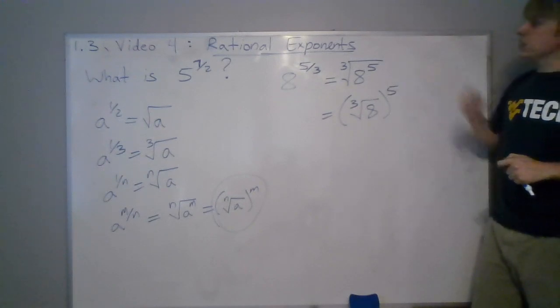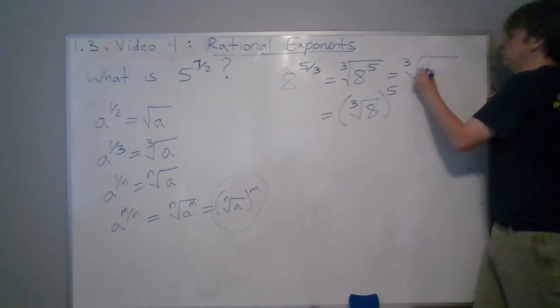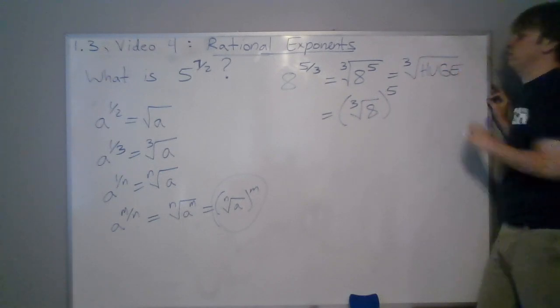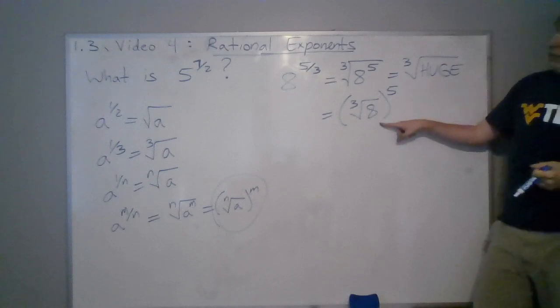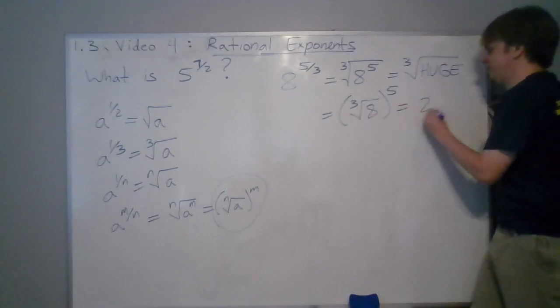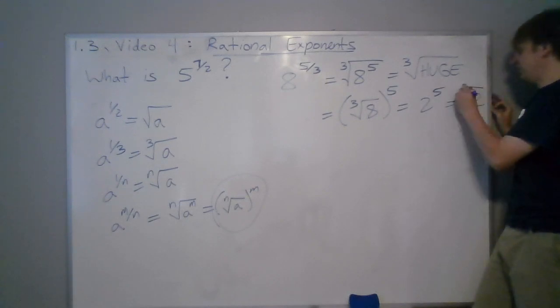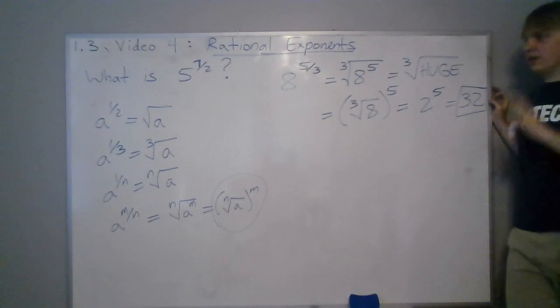It's some really, really big number. On the other hand, if we look at this option, cube root of 8 is 2. 2 to the 5th is 32. No calculator? Done.